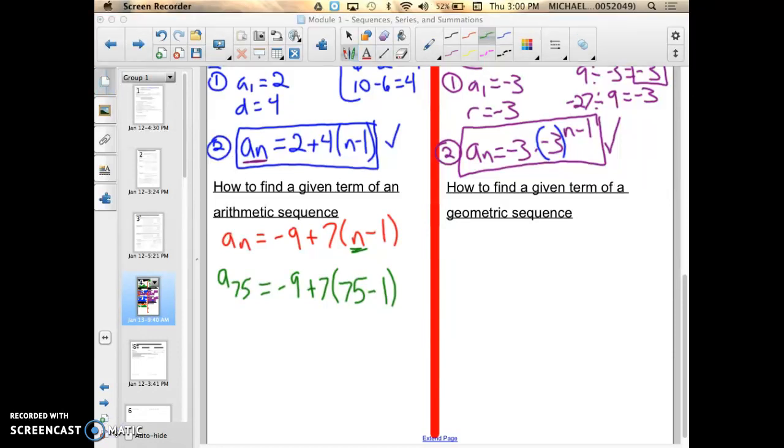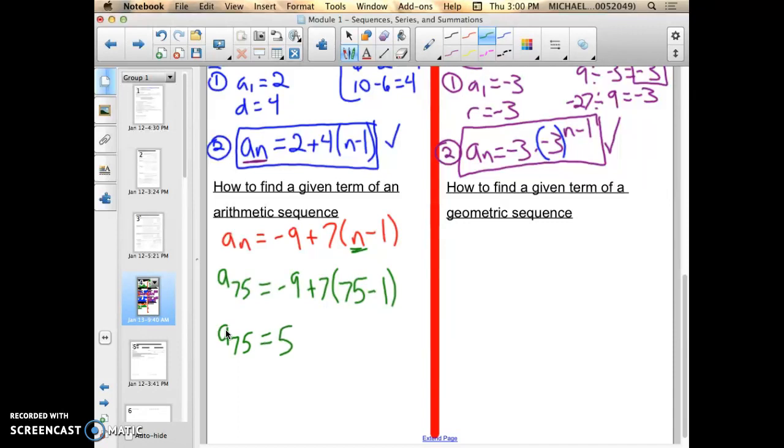To do this math, -9 plus 7 times parenthesis of 75 minus 1, I would get a sub 75, or the 75th term in this sequence, to be 509.